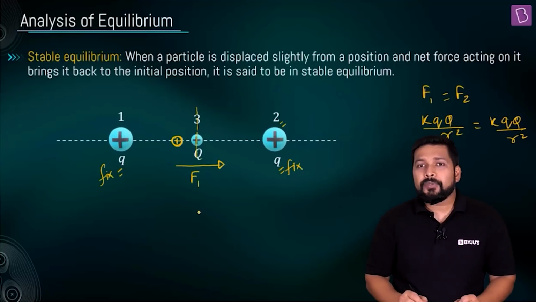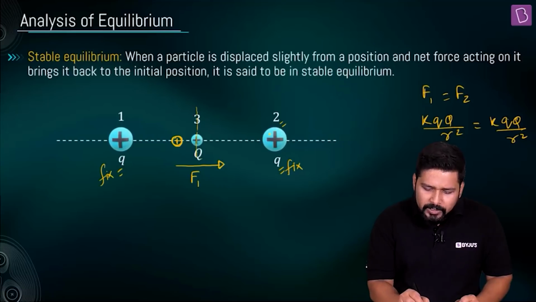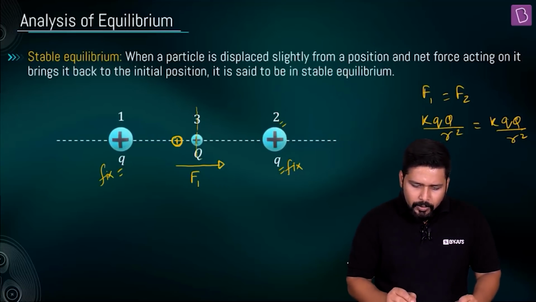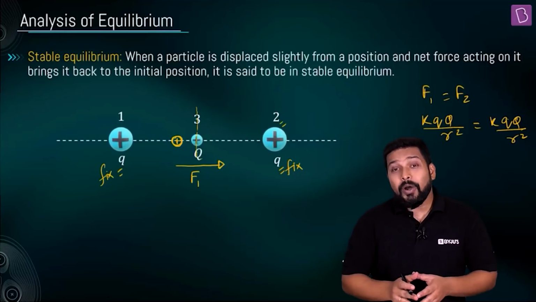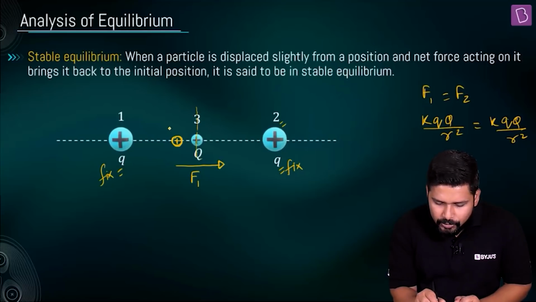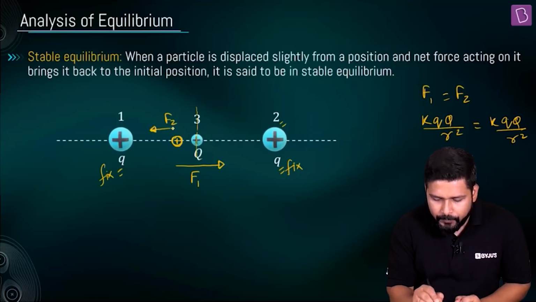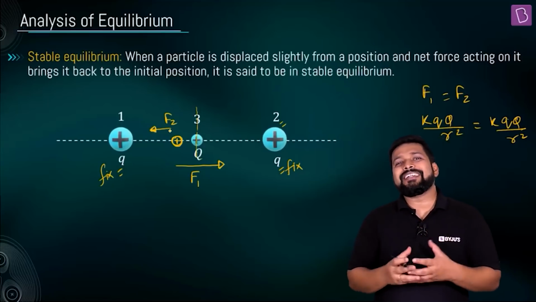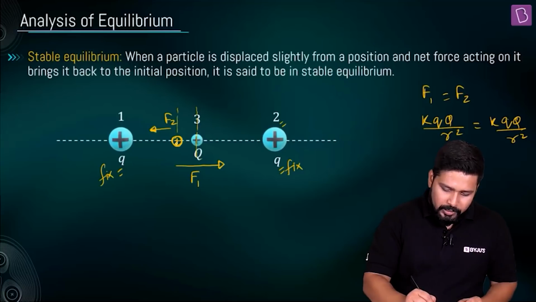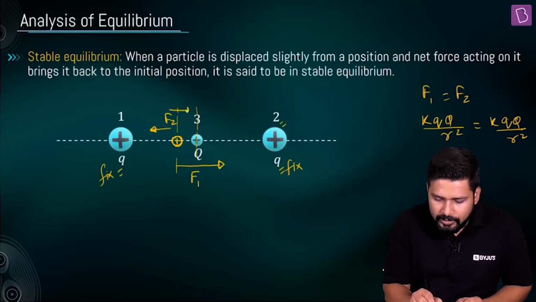What about F2? The repulsive force because of the charge which is present at point number 2 is obviously going to decrease. Why is it going to decrease? Because the distance has increased. This is F2. Now, if I ask you, what is the direction of the net force? At this point, the direction of the net force is this.